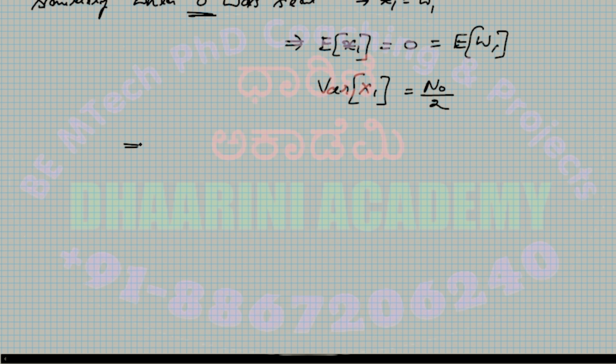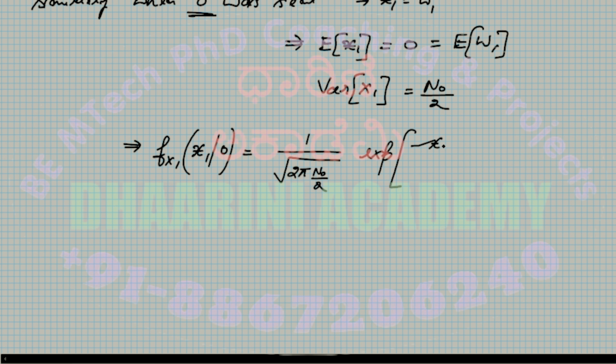So I'll directly write this implies f(x1) of receiving x1 provided 0 was sent. Now you see this is equal to 1 divided by the same equation. I'll substitute: this is 2 pi. What is the sigma square? It is N0 by 2, into exponential of minus (x1 minus the mean, which is 0) whole square, divided by 2 times N0 by 2.